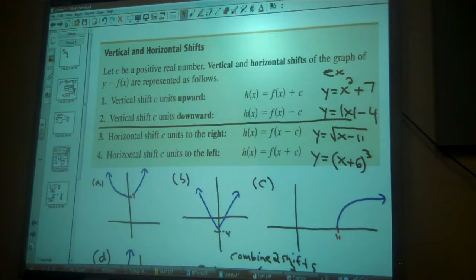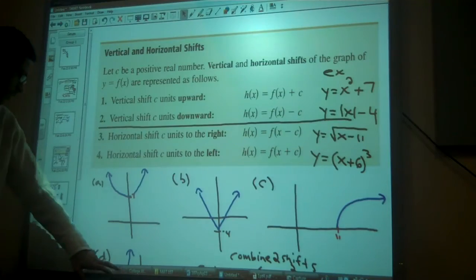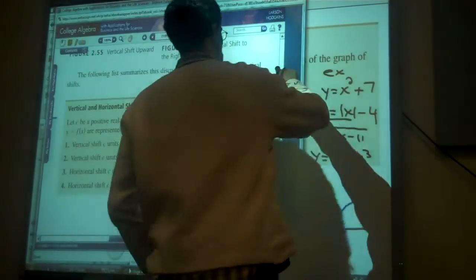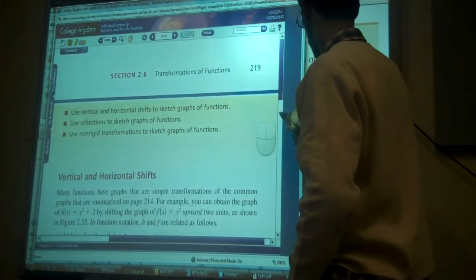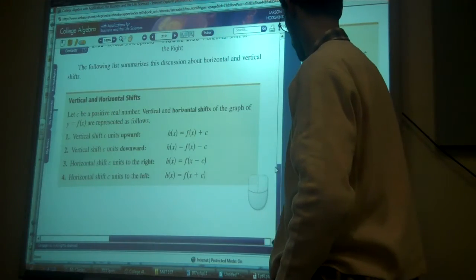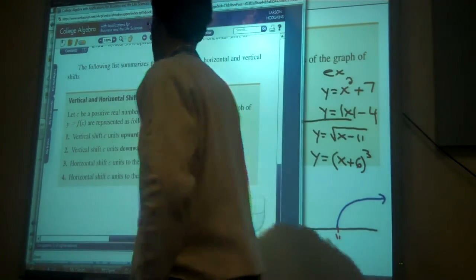The next transformation we want to look at is flipping the graph over the x-axis. A better word for flipping is reflection.